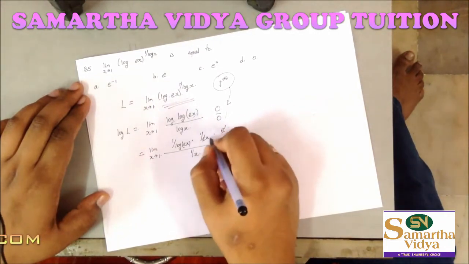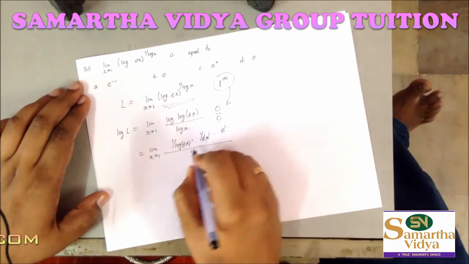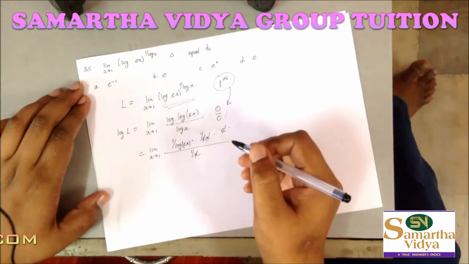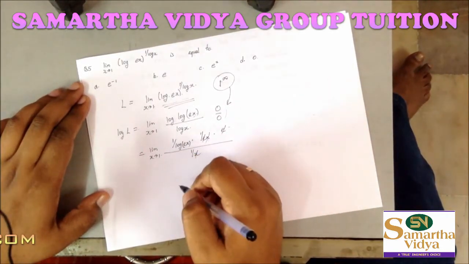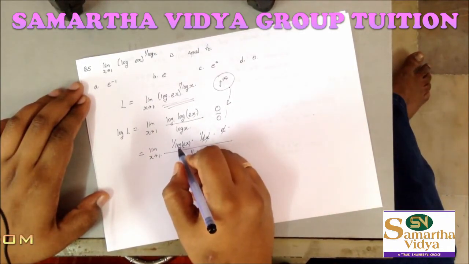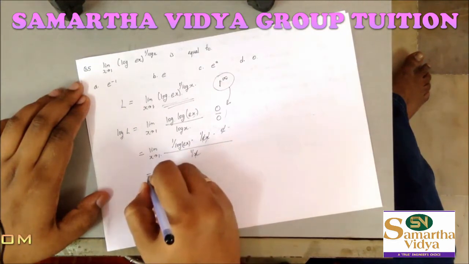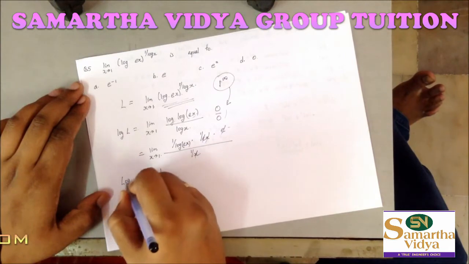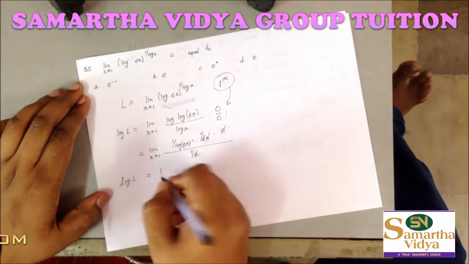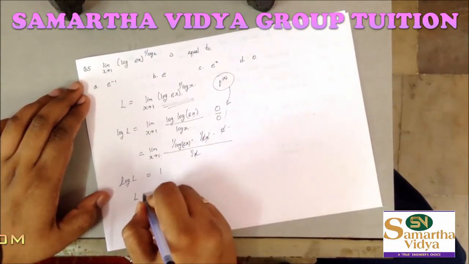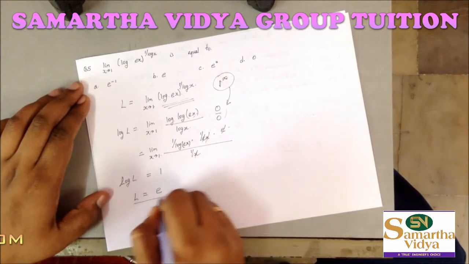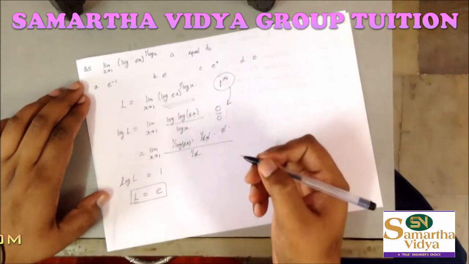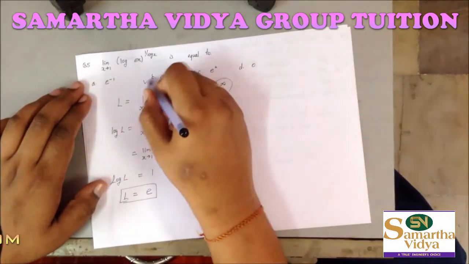So we have the e getting cancelled, the x getting cancelled, and now if I just substitute x as 1 in this case, I'll be getting log e, and log e is 1. So the answer we are getting is 1. So you have to remember on this side we have log L is equal to 1. That means if I take anti-log, it becomes e. So basically the answer for this question is B.